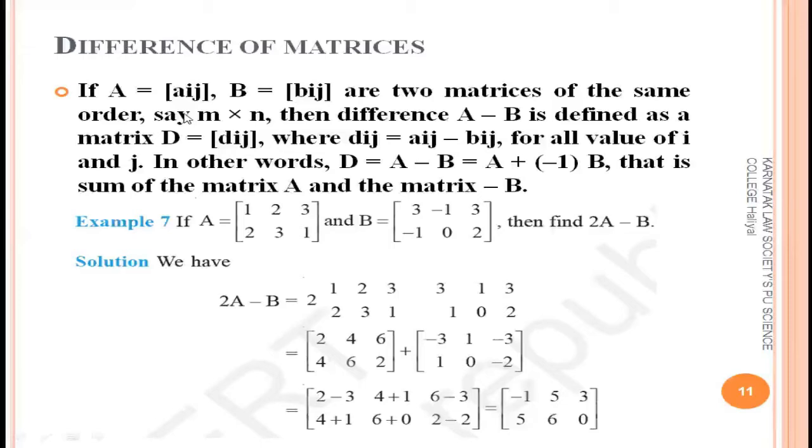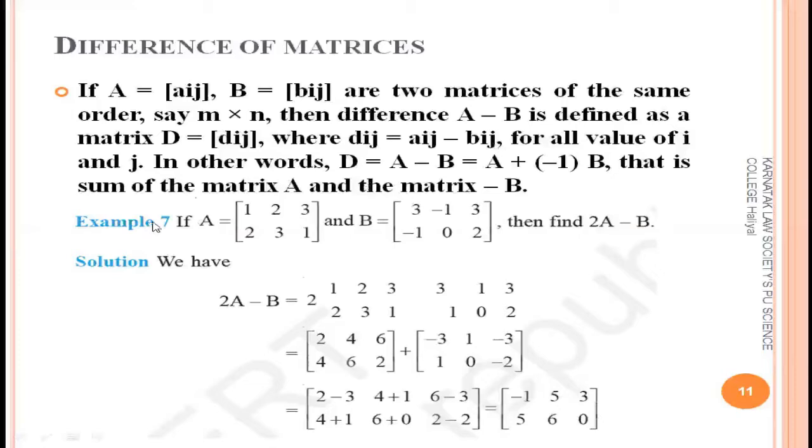Likewise, here also, if you need to subtract the two matrices, first of all, they need to be of same order. Here, the difference of matrix is denoted by A minus B, and the resultant matrix, that is D equals Dij, is obtained by Aij minus Bij for all values of matrix.